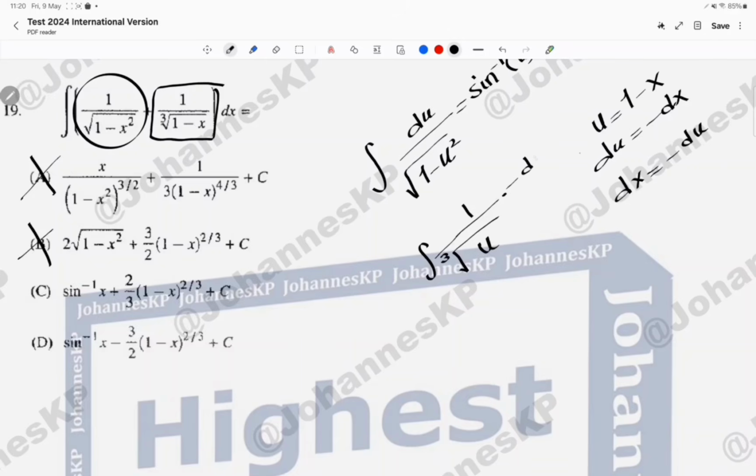Okay. Now come here and replace 1 minus x with u, and replace dx with minus du. Now I told you before, I don't like to integrate when something is in the bottom. So right now it's u to the power of third. If you take it to the top, let's put that negative on the outside: u to the power of negative third du. How would you integrate that?